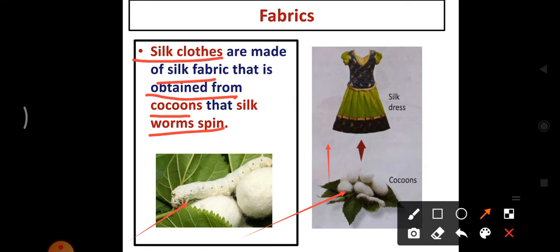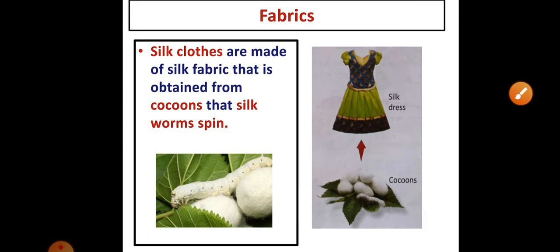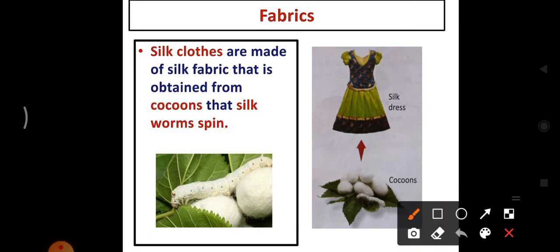From the silk fiber we can make silk dresses. So how are we getting the silk dress? The silkworm spins the cocoon. From the cocoon we get silk fiber. From the silk fiber we can make the silk dress.